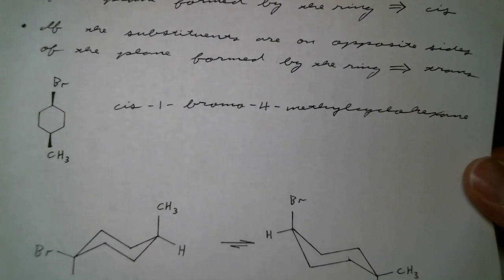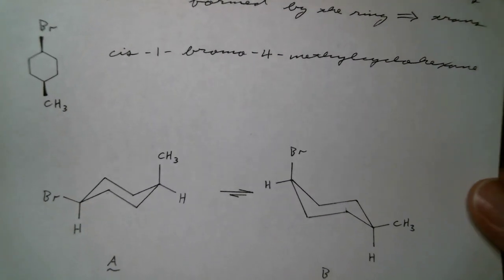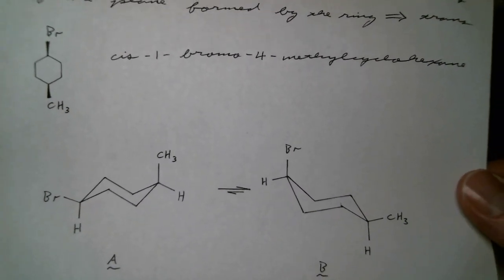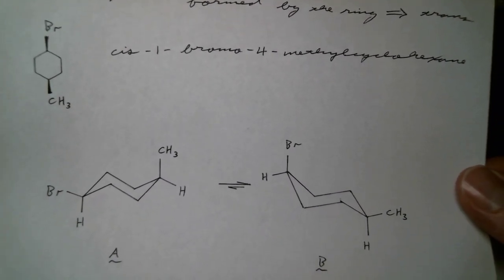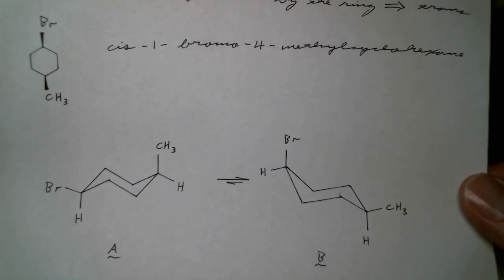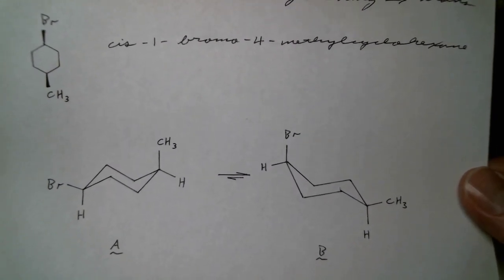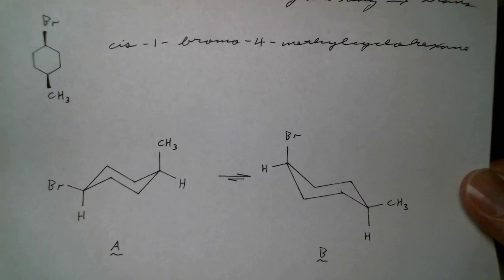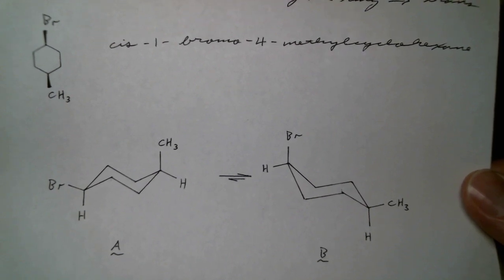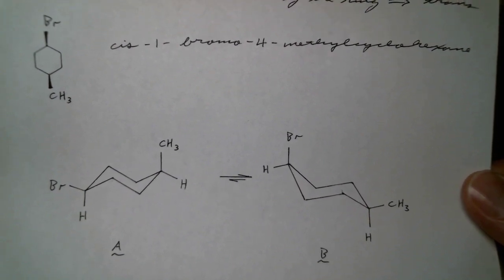Let's see about the change in free energy for one conformation versus the other possible cyclohexane chair conformation, A and B. In conformation A, we have the bromine atom in an equatorial position and the methyl group in an axial position.